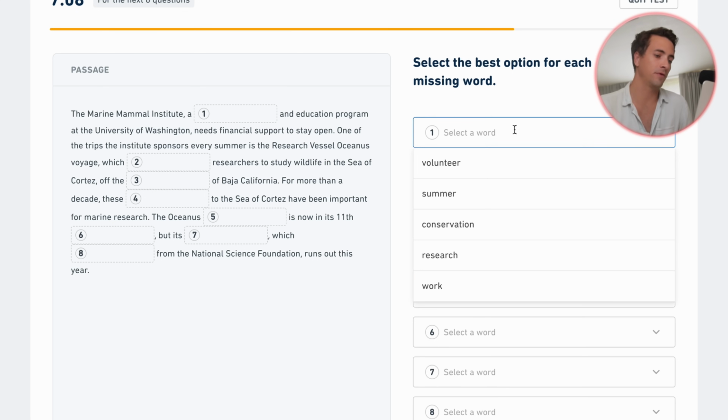The options are: a volunteer and education program, a summer and education program, a conservation and education program, a research and education program, a work and education program. So to be honest, we have 4 options that could work here: volunteer, conservation, research, and work. All of these make sense. Summer is the only one that doesn't make sense.